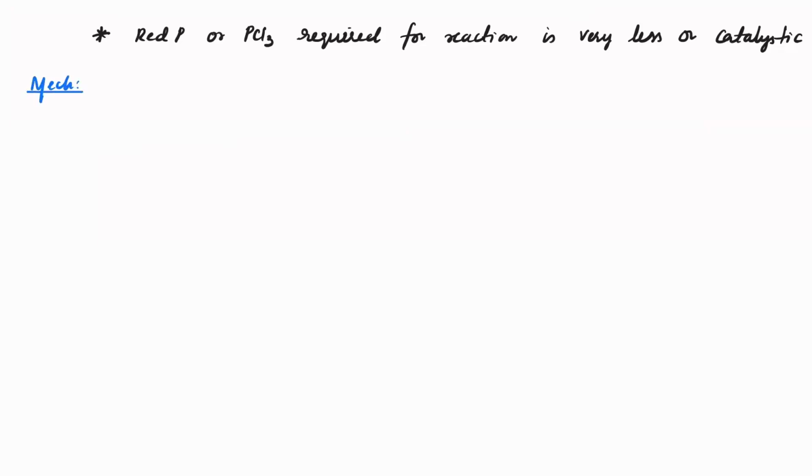Basically, we expect that red phosphorus in Cl2 will convert into PCl3. And we earlier learned that if you have an acid, COOH, and react it with PCl3 or PCl5, in both cases we get the acid chloride. COCl will be formed.